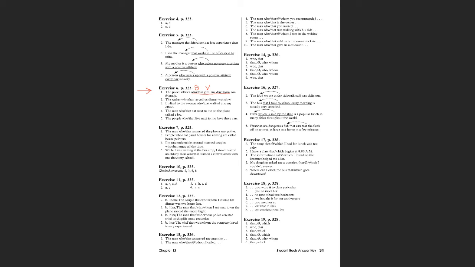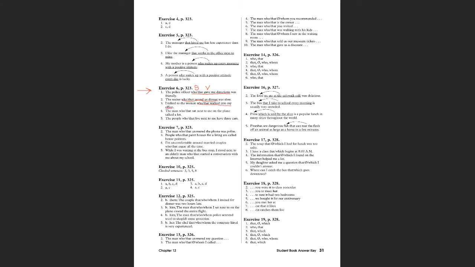The waiter who or that served us dinner was slow. Good. Who or that served us dinner is the adjective clause. That's correct. Number 3, what did you put? I talk to the woman who lives next to me.